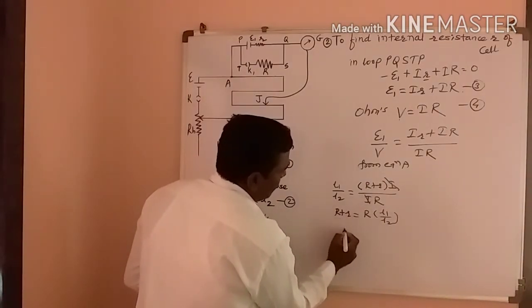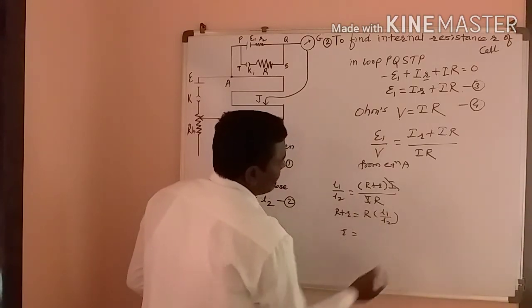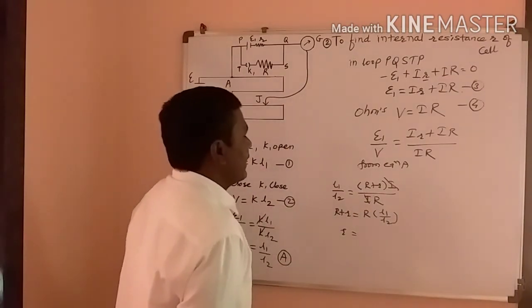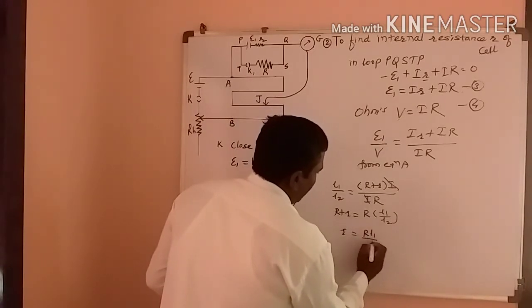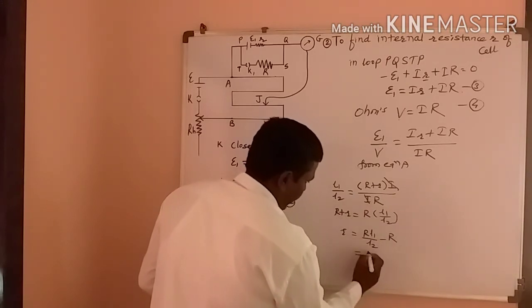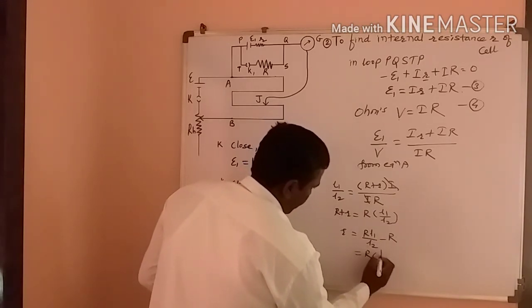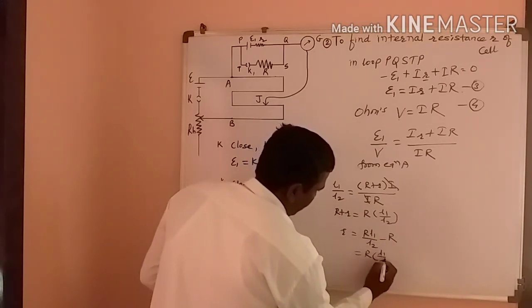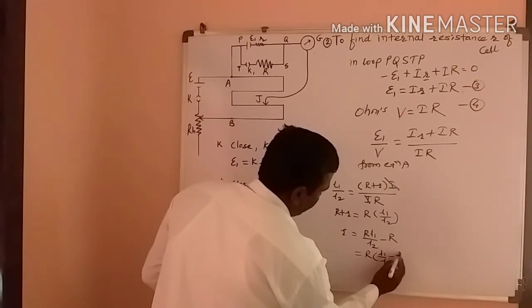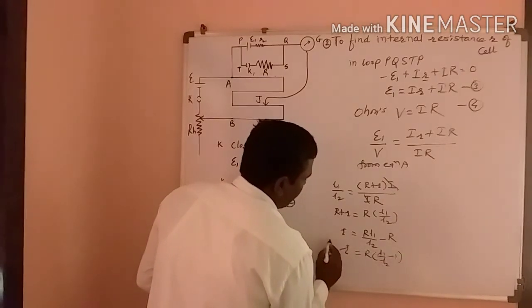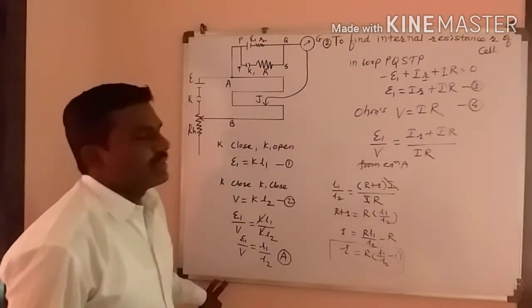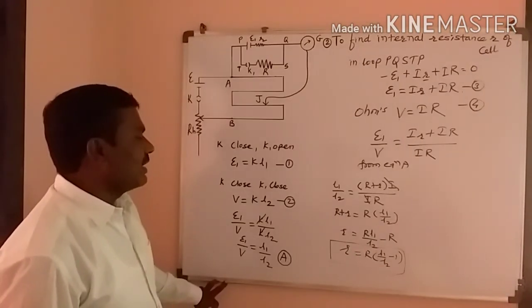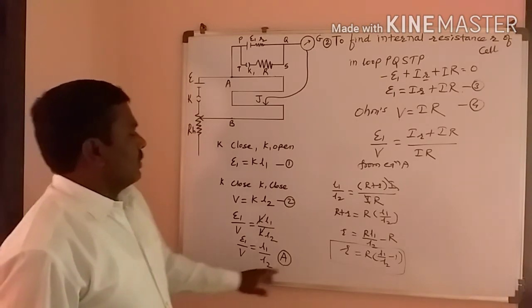Again, this R has a plus sign, it goes to that side and becomes a minus sign, and so we write r is equal to R L1 upon L2 minus R. If we take R common, in one bracket, L1 upon L2 minus 1. This equation gives the internal resistance of the cell, that is small r.